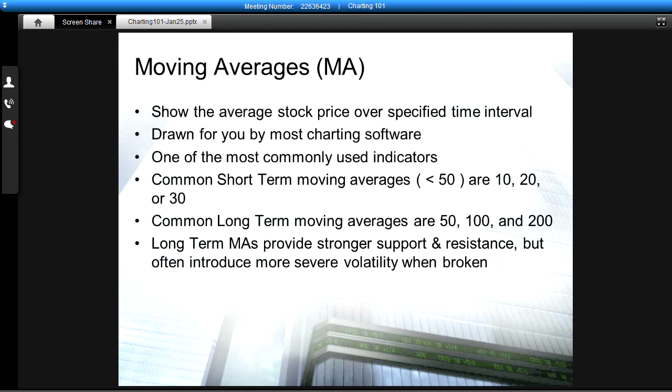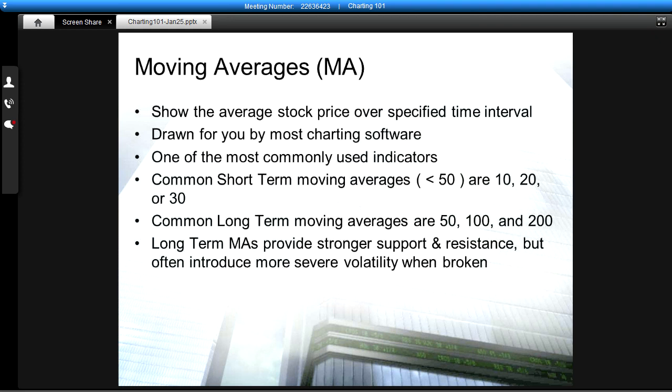Another common support and resistance line is moving averages. Now this is an actual indicator, and it's an indicator I'm going to talk about a little bit more later in this presentation, but I just wanted to bring it here because it is something that's used as support and resistance. Moving averages in general show the average stock price over a specific time period. So if you're a day trader, or an end of day type trader, you're really going to be looking at a daily chart.